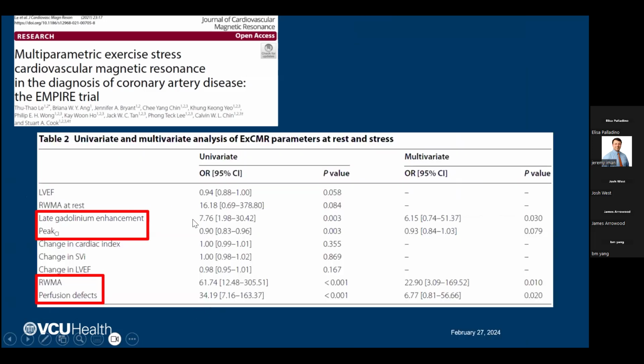And they found that their predictors of who did have obstructive coronary artery disease were presence of late gadolinium enhancement, peak cardiac index achieved on the test, regional wall motion abnormalities, and perfusion defects.